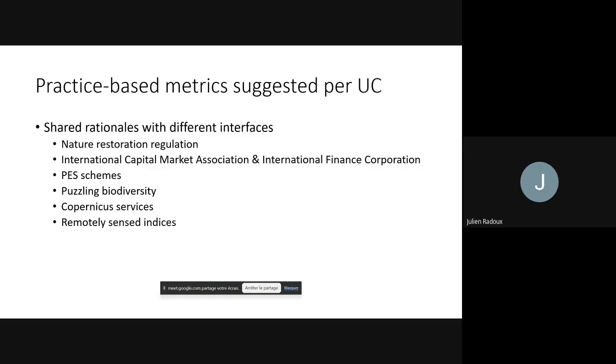Usually we have compatibility with many of the other indices, but the way it's framed and the way we try to quantify those levels might not be exactly the same, depending on the institution that is connected. So for nature restoration regulation, there are a lot of targets.